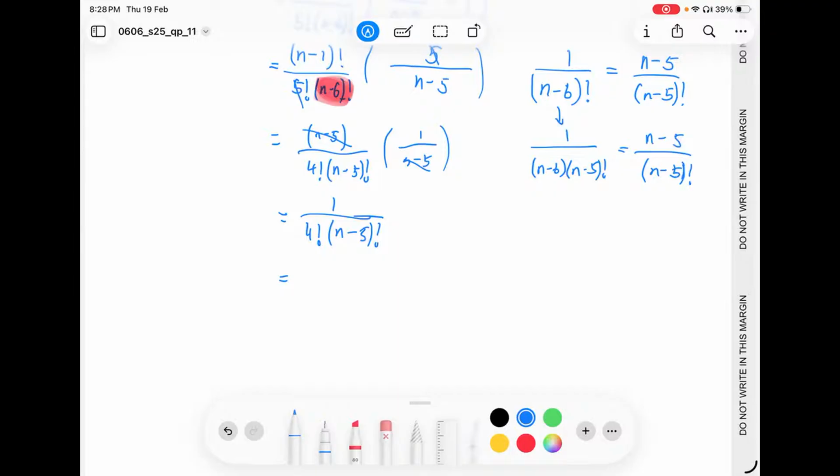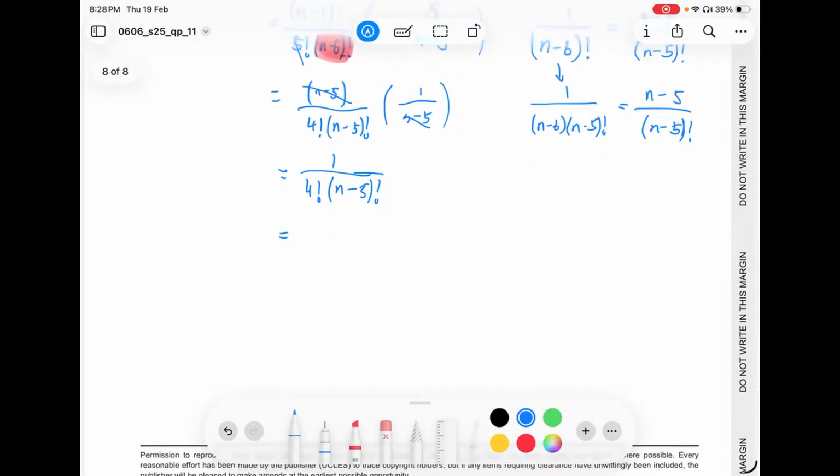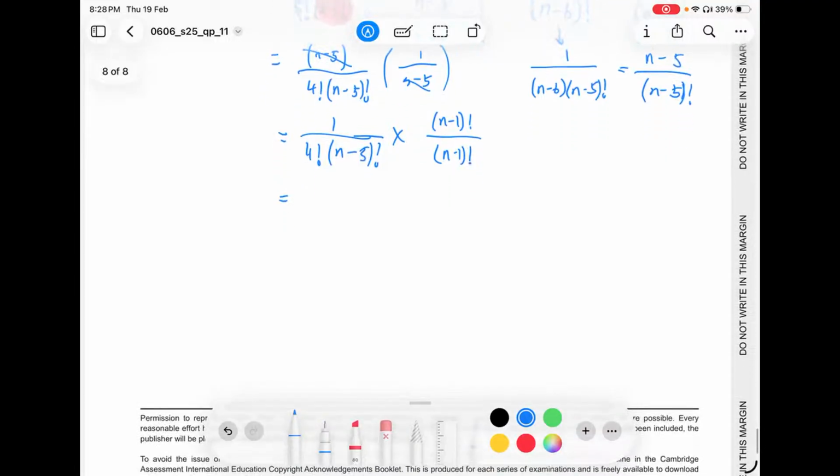So what we need to do is multiply both the denominator and the numerator by n minus 1 factorial. So now you can write this as n minus 1 factorial over 4 factorial. You can just leave it as it is.